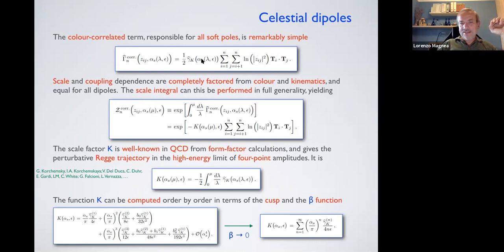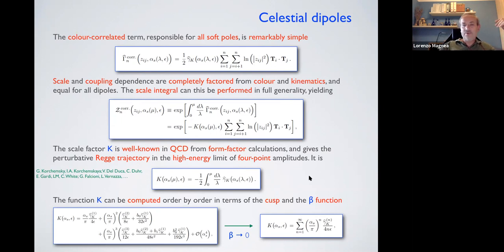And because the scale dependence is only here, I can actually, at least formally, do the integral, right? So I can literally compute in the non-abelian theory, at least the dipole part of the infrared factor, and I just get an exponential that has the same structure that we could have in QED, but here in front there is this function K, which is this integral here. And the people who work in perturbative QCD know about K since a long time.